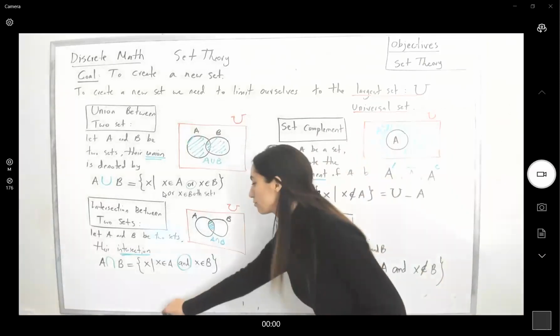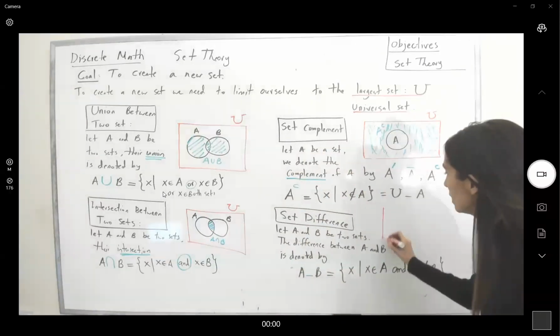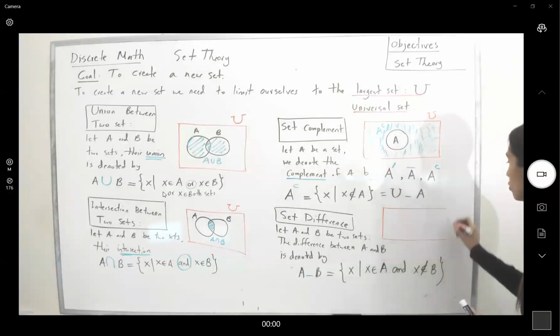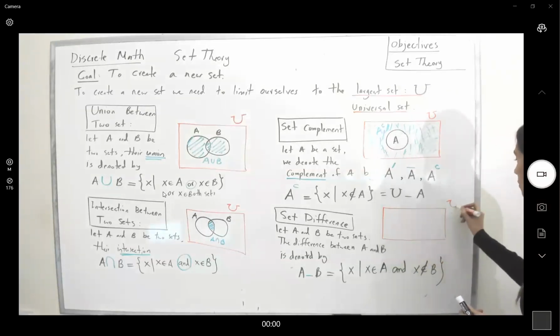Okay, now you have your universal set. We can use a Venn diagram to actually visualize it. This is your universal set.